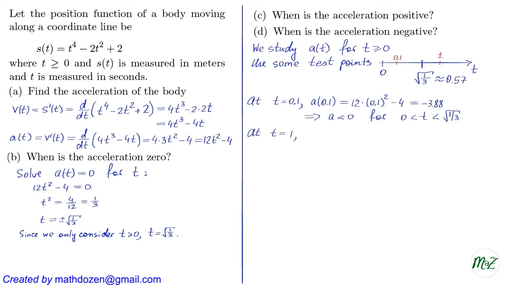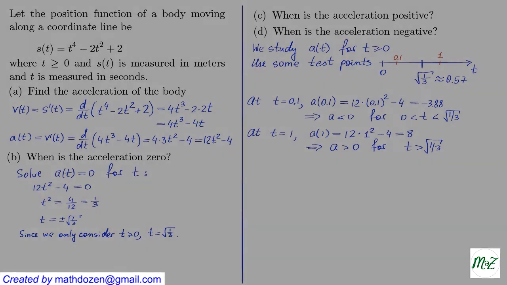At time equals 1, we can evaluate acceleration. We end up having positive 8 for the acceleration at 1. So it means that to the right of square root of 1/3, acceleration is going to be positive. So we answered those two questions with one approach.